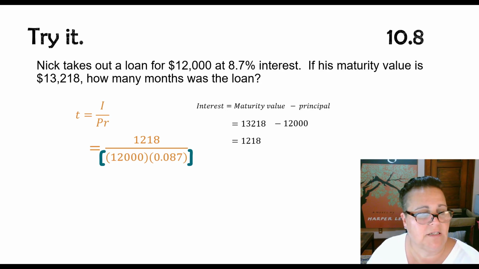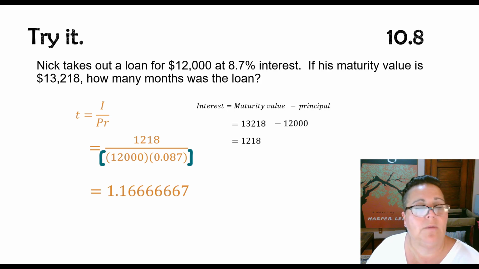When I do that division, I get 1.1666666 repeating. It's a little bit abnormal because it is over 1, and for the most part, you should get answers that are less than 1, but every once in a while, 1 will sneak in.